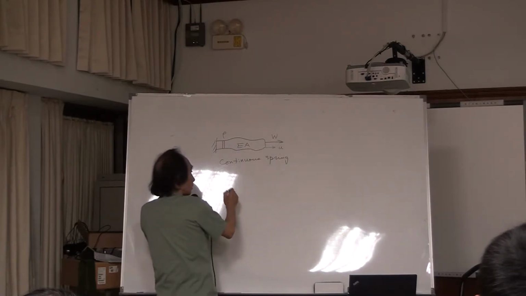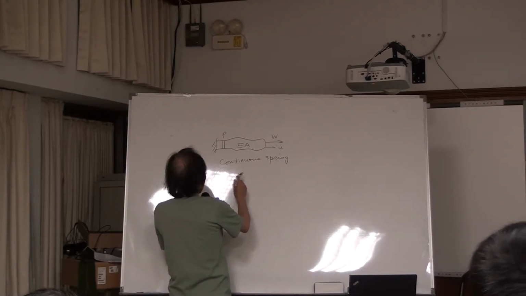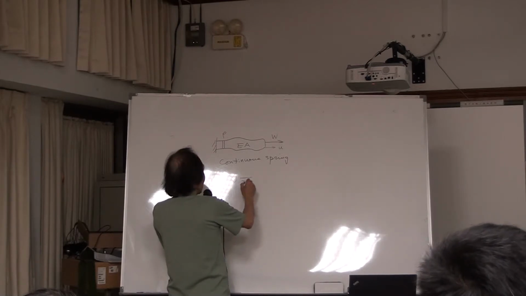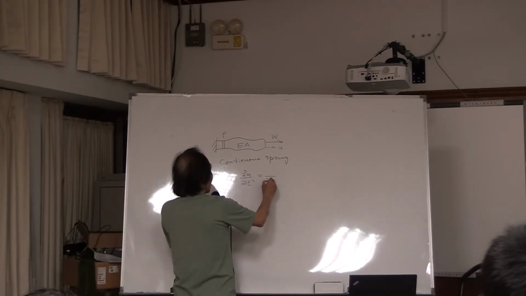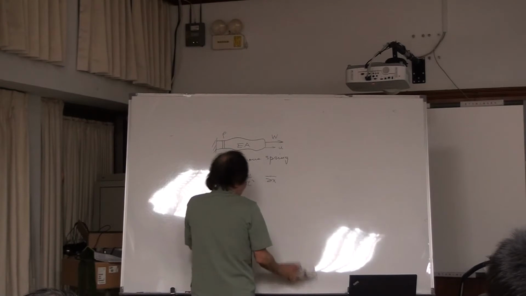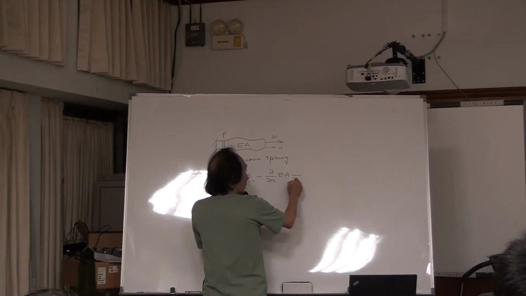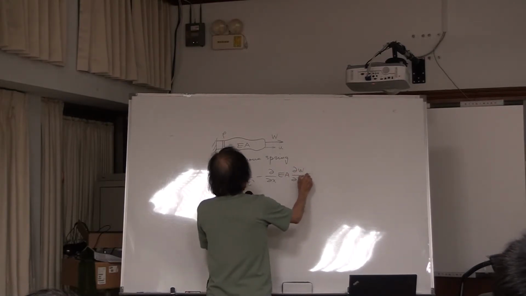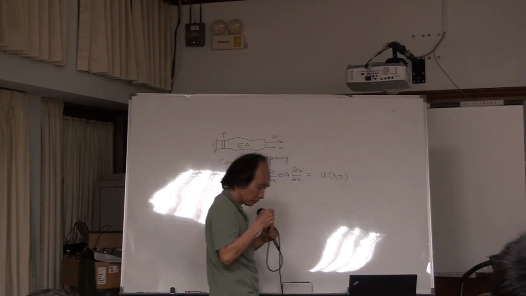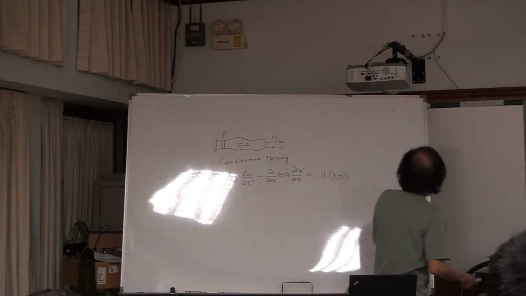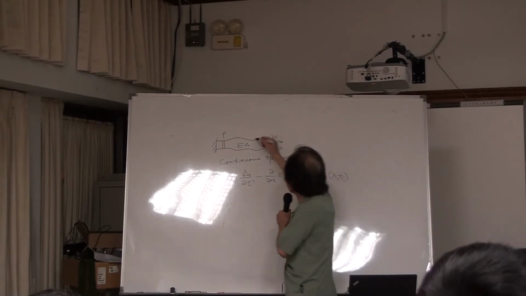If you want to solve this, you write it like that: rho partial t squared of w equals minus partial x of EA partial x of w plus the force, which is x and t dependent. This can be a rod.